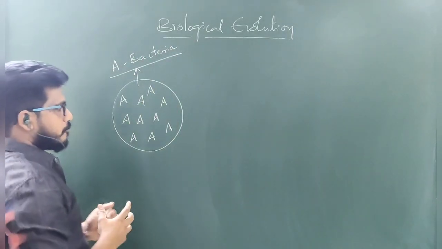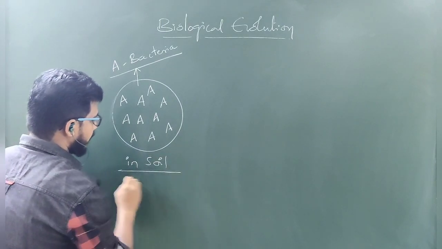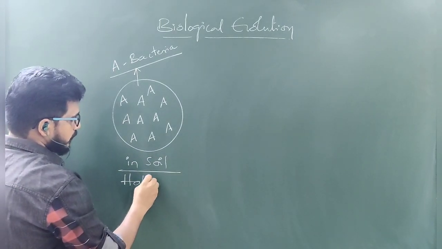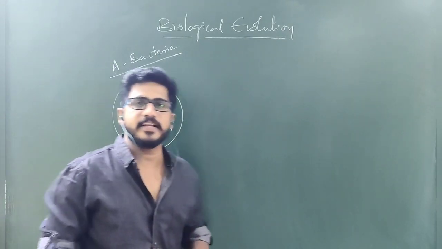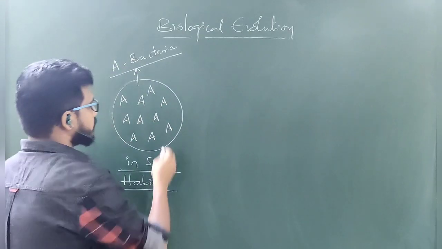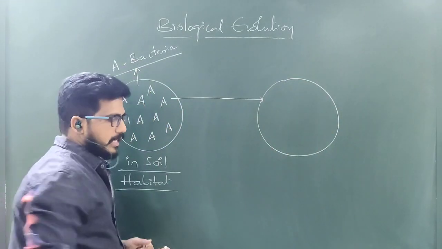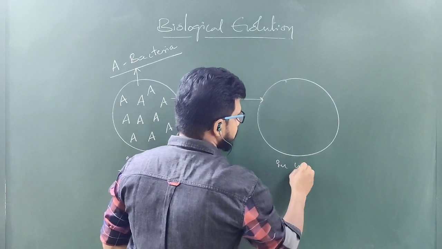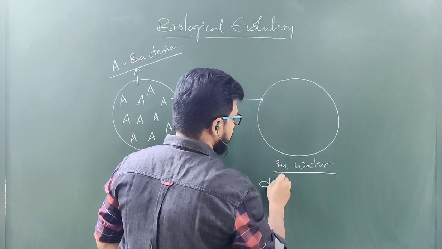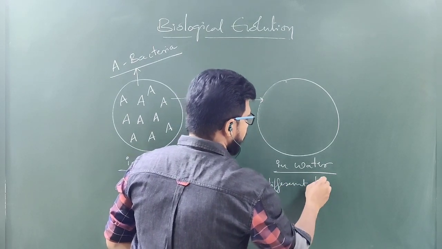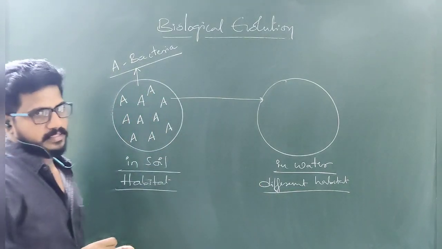All these A type of bacteria are living in soil, so their habitat is soil, and they are comfortably living in the soil. When you shift these bacteria into another, new, different habitat, water, water is a different habitat for this type of bacteria, right?